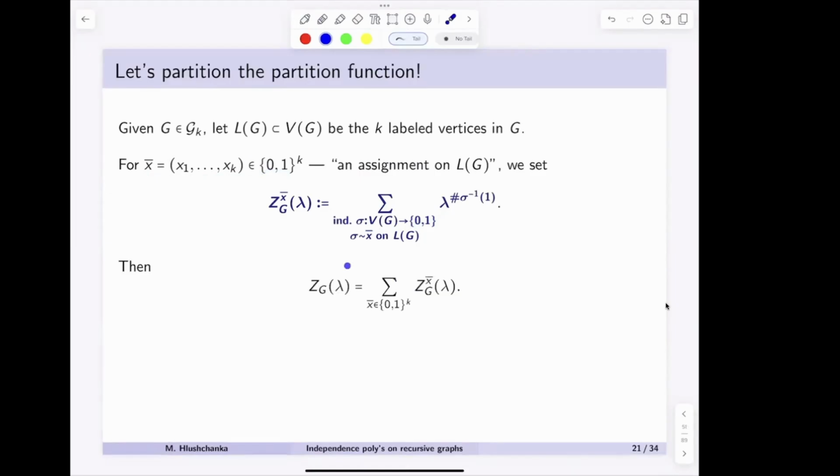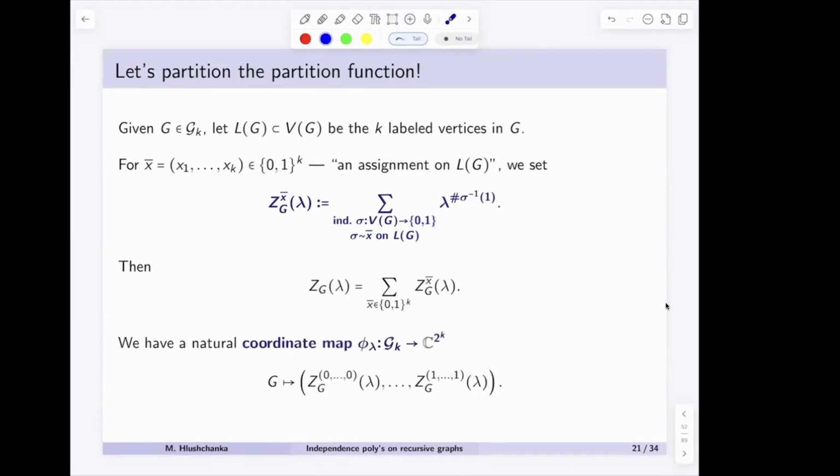So clearly, the whole partition function is just the sum over all possible binary k-tuples. So we partition the partition function.